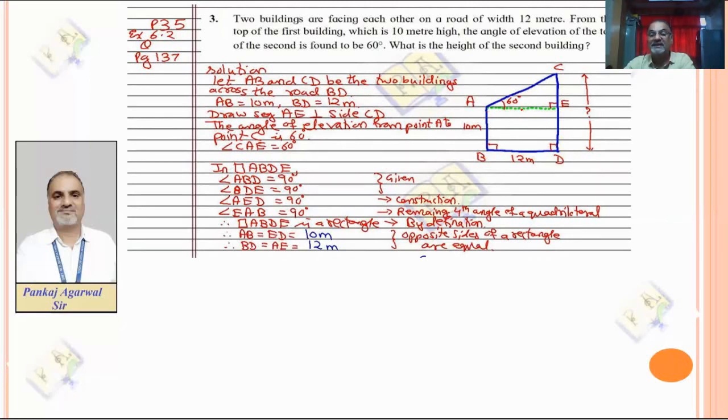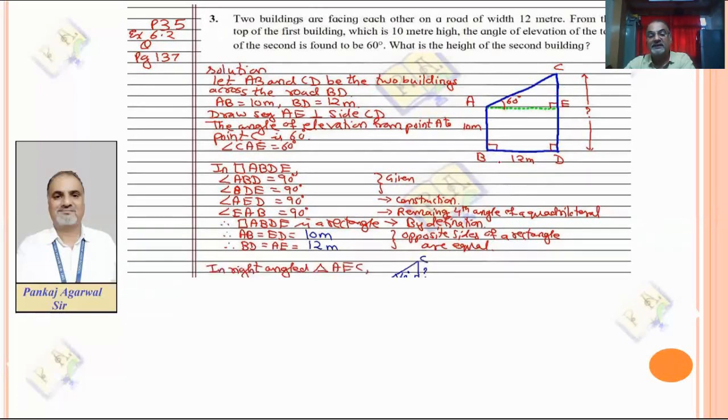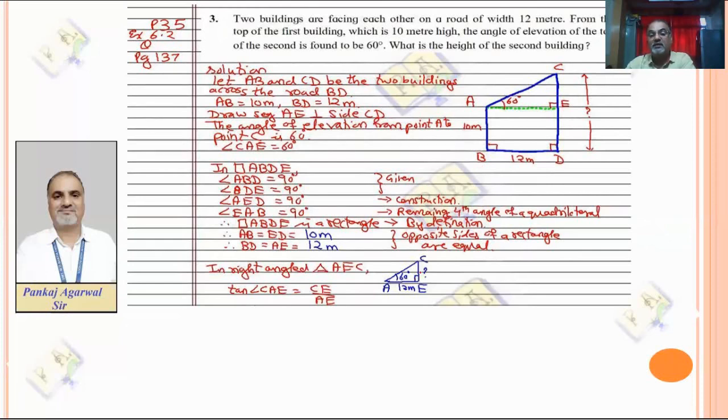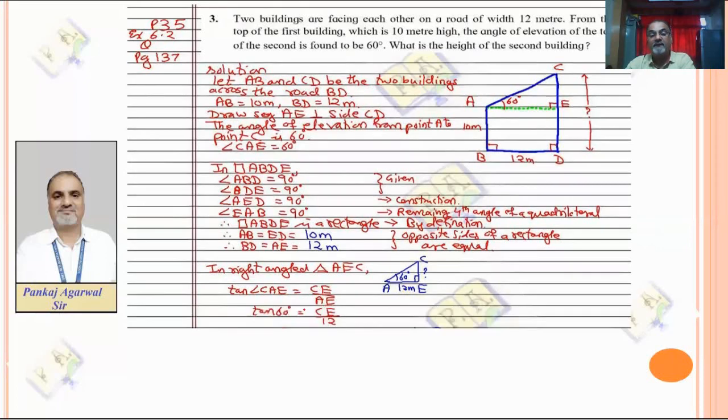Now, as AE is 12 meter, which is the adjacent side of a right angle triangle, we need to find the opposite side. So in right angle triangle AEC, we require opposite side and adjacent side is given. So I will use tan angle CAE as CE upon AE. Angle CAE is 60 degree, therefore tan 60 degree CE upon 12.